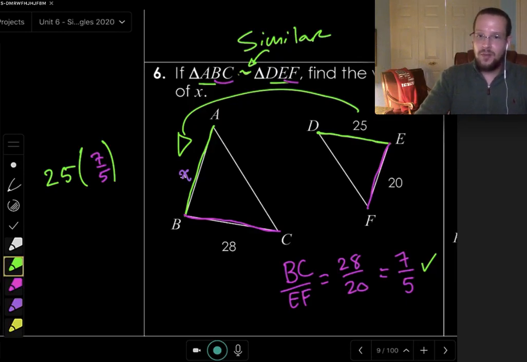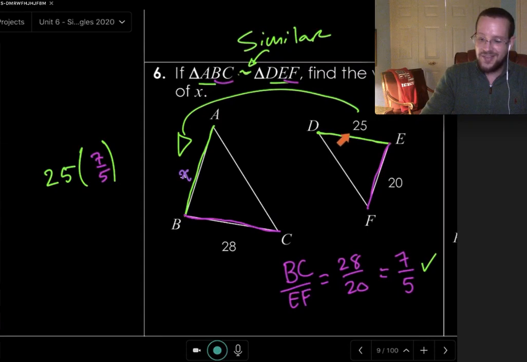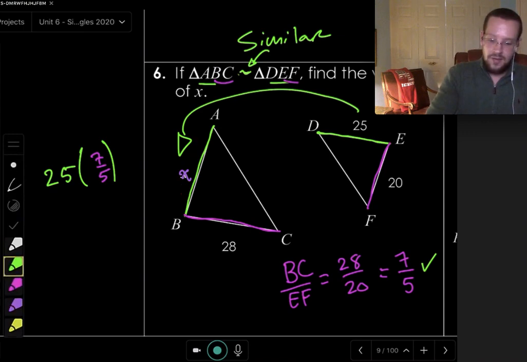And so by multiplying 25 by 7/5, our scale factor, we are going to effectively scale this segment proportionally to this value. Now, this is a very easy multiplication to do. So this is going to be 35. And that's what x is.